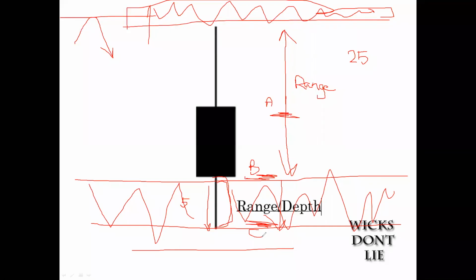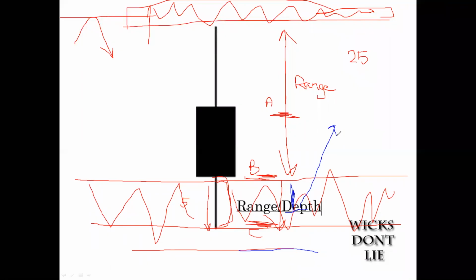Let me just change this color. You can even enter in this zone, when price comes down here, because you can keep your stop loss beyond the zone, which is probably going to be a small stop loss, and at the same time you're guaranteeing yourself at least 10 pips because your range is 25 pips, right?